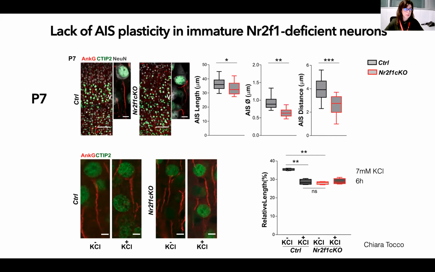And for this, we applied the depolarization protocol in brain slices at P7, after which we observed that in control neurons, the increase in excitability leads to a reduction in the length of the axon initial segment. But in mutant neurons, we didn't see any plasticity. If the axon initial segment was already short, we couldn't shorten it more by increasing excitability with this protocol.